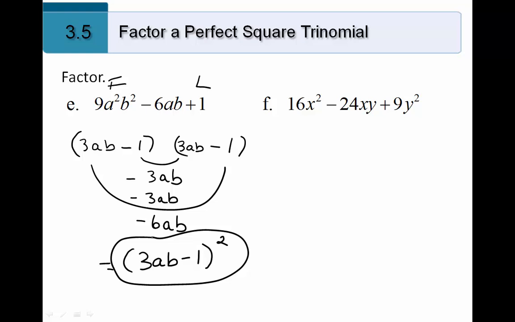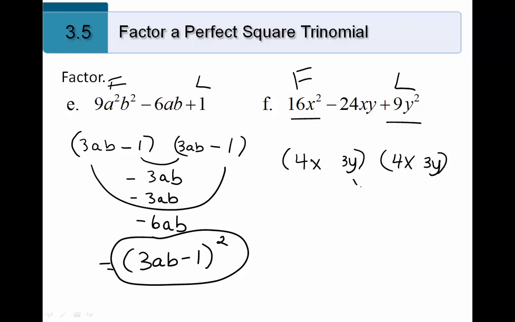And my final one for the day. I feel like I've been fighting with this computer a bit today. My F, 4x multiplied by 4x is 16x squared. 3y multiplied by 3y is 9y squared.